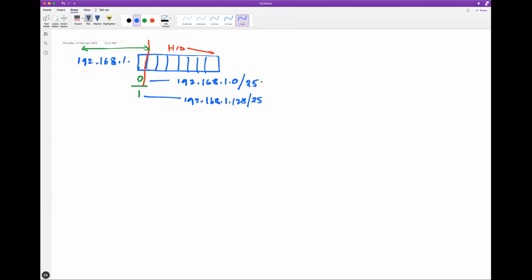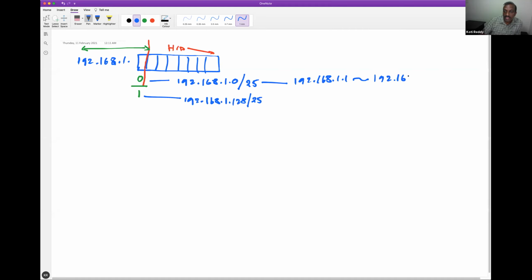What's the range? What's the first host ID here? 192.168.1.1. What is the last host ID? 192.168.1.126. 126, correct, because 255 is the broadcast address, I'm seeing the first network.